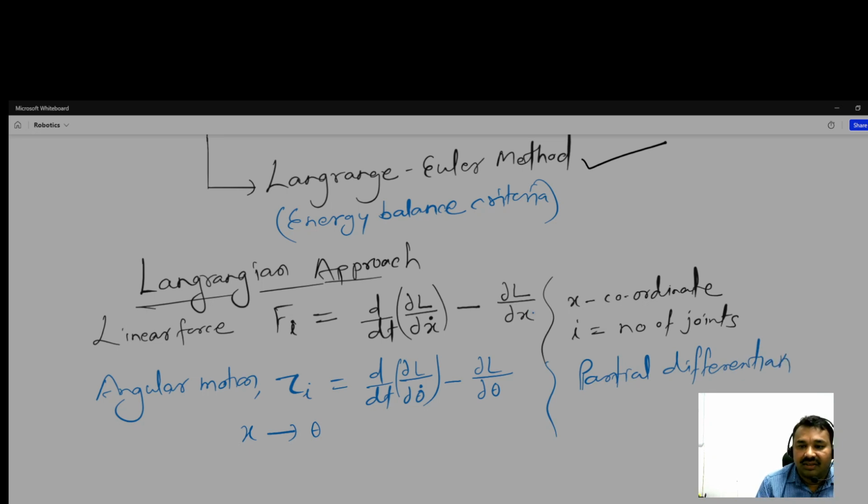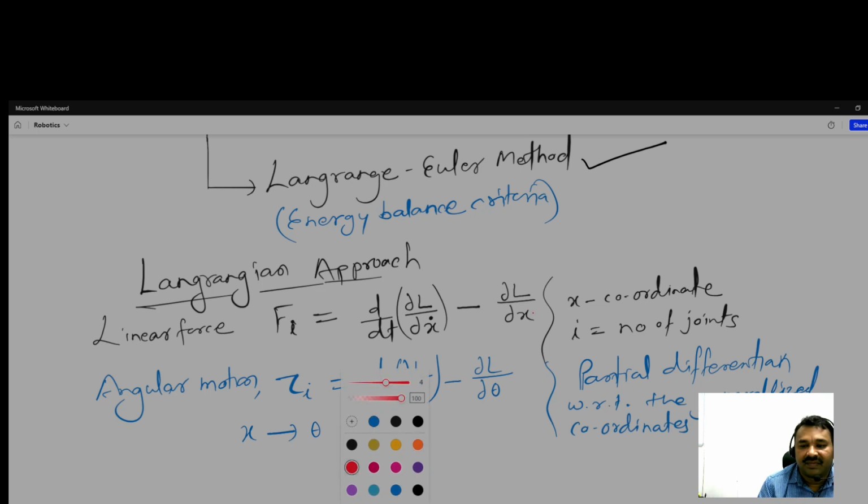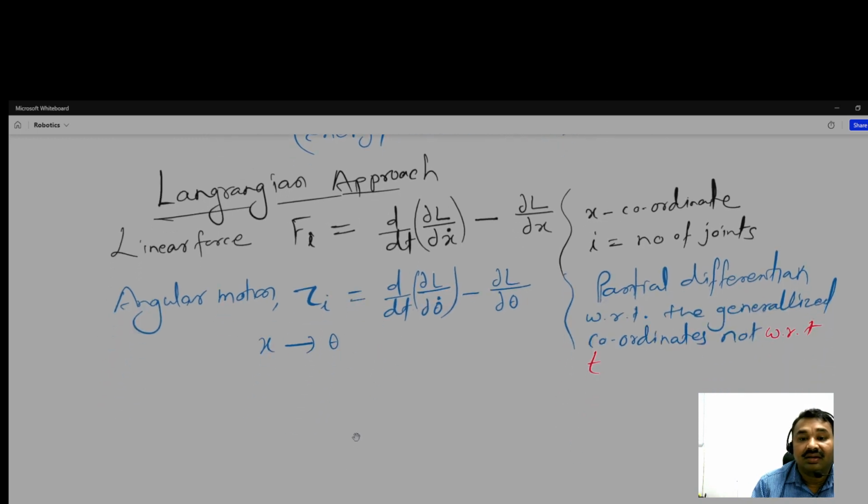Because the differentiation is with respect to the coordinates, which are known as generalized coordinates, not with respect to time. Okay, so in this way we have written the formulation.